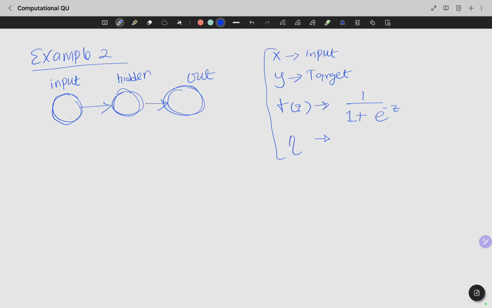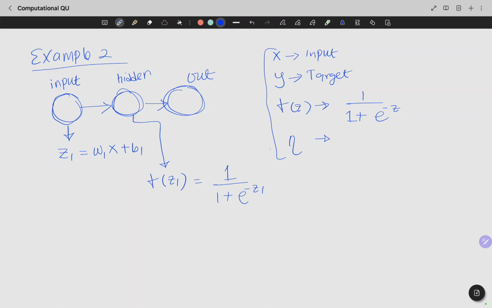And then this one will give you Z1, which is W1x plus B1. And then the hidden layer will receive the activated Z1, and the activated Z1 is 1 over 1 plus exponential minus Z1.